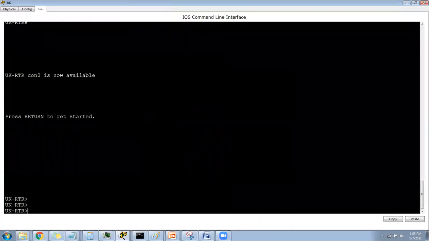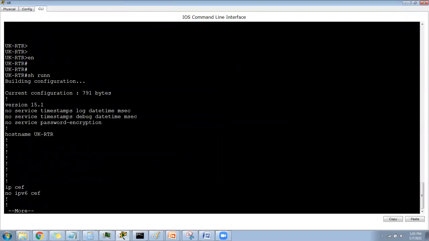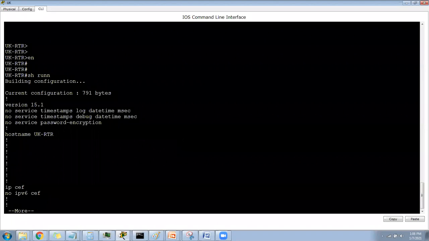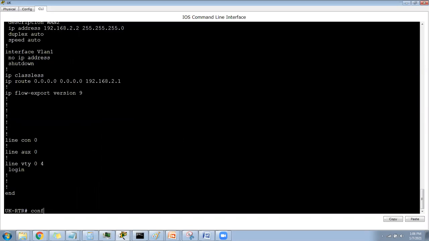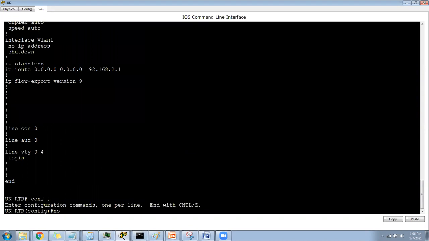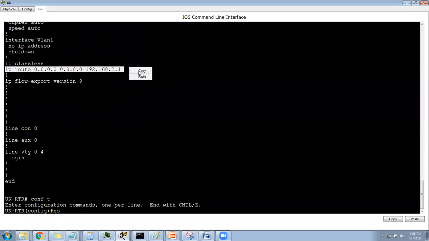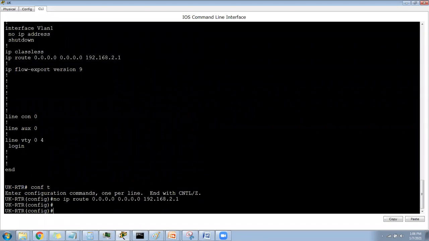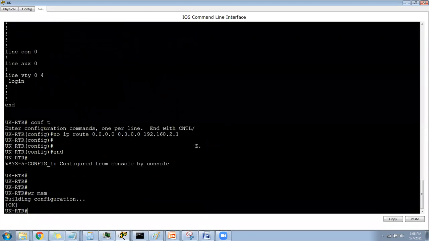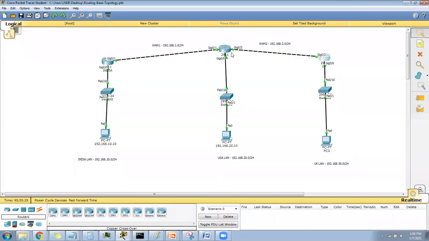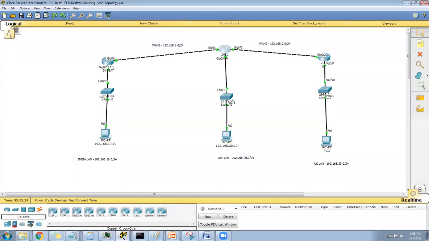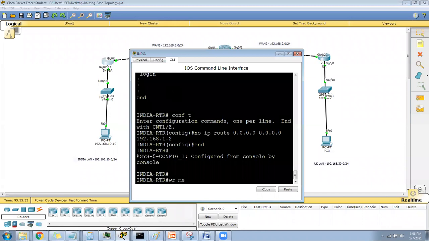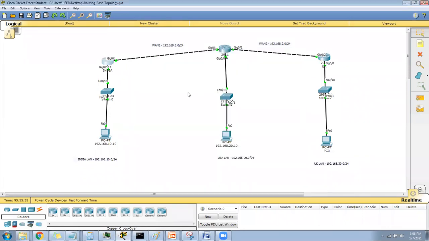Enable, show run, config terminal, no ip route, copy paste, done. So now our basic diagram is ready. I just write memory, and here also write memory. Don't ask me what write memory is; we are saving the configuration. So we removed yesterday's lab and now this is our fresh lab, with all the basic configuration.